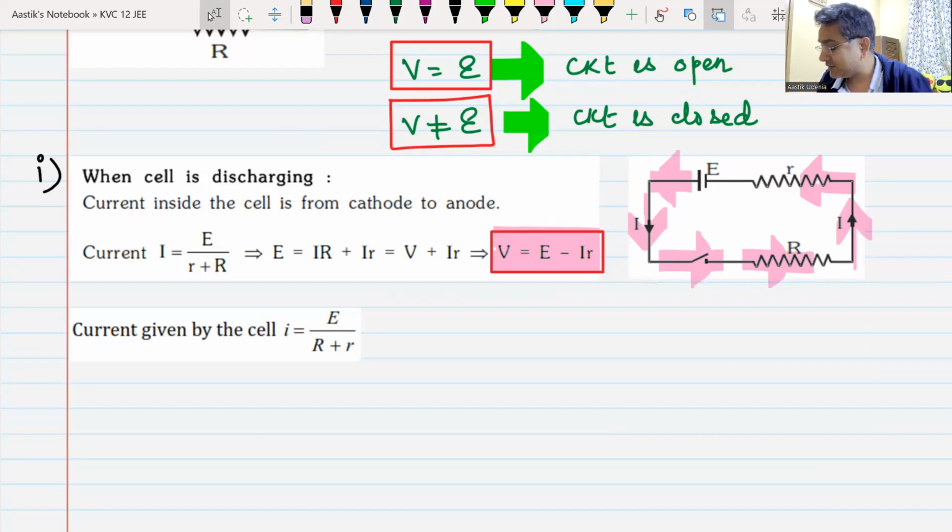Do we understand this? Are we able to understand these points?